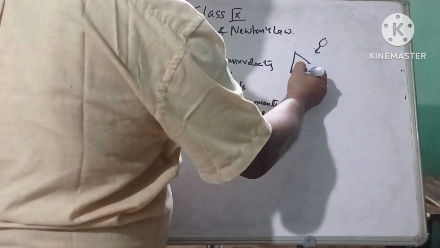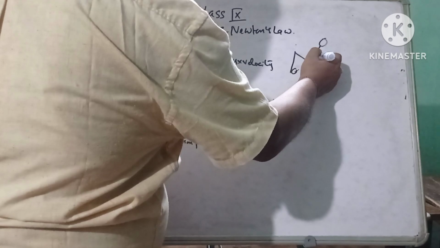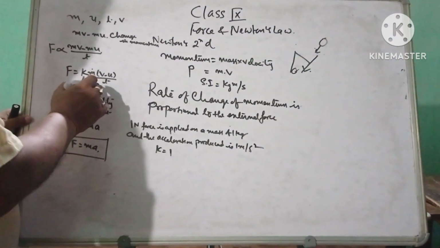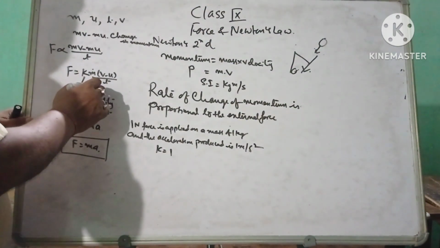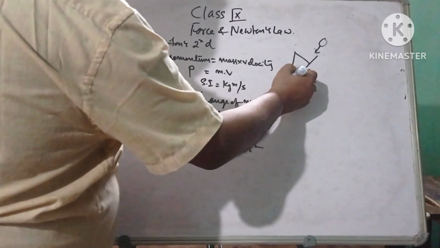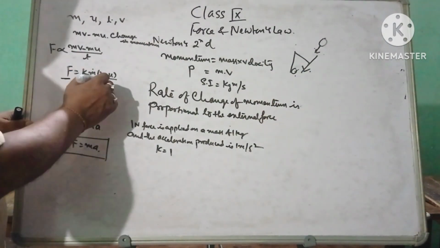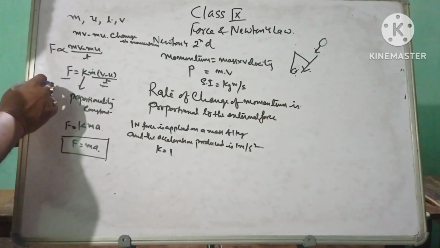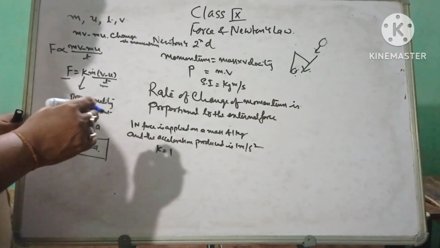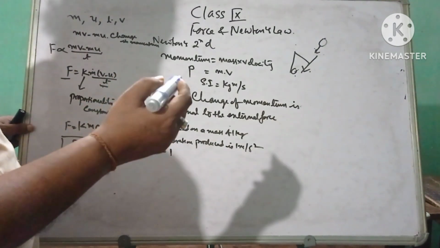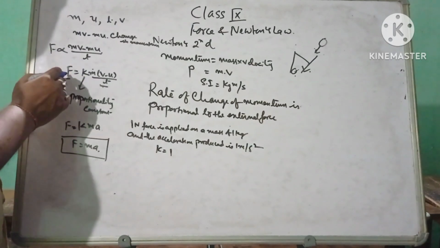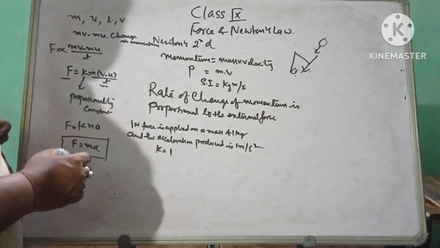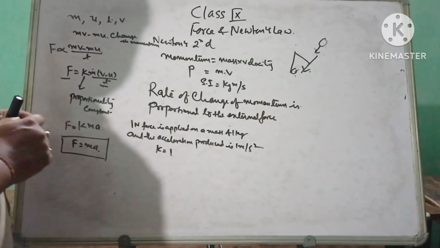Why does he do this? By increasing the time period, the force exerted on his hand decreases, and he can easily catch the ball without any harm, because here F is inversely proportional to t.